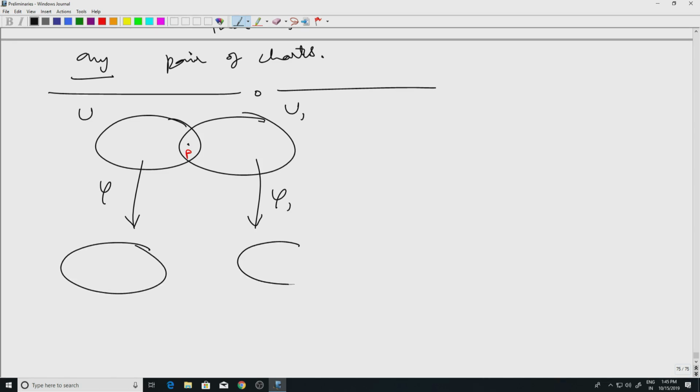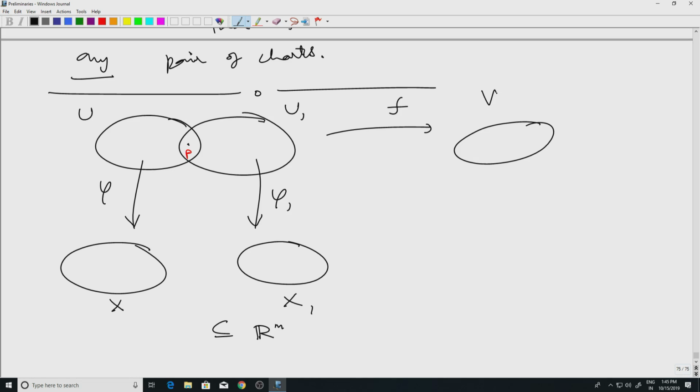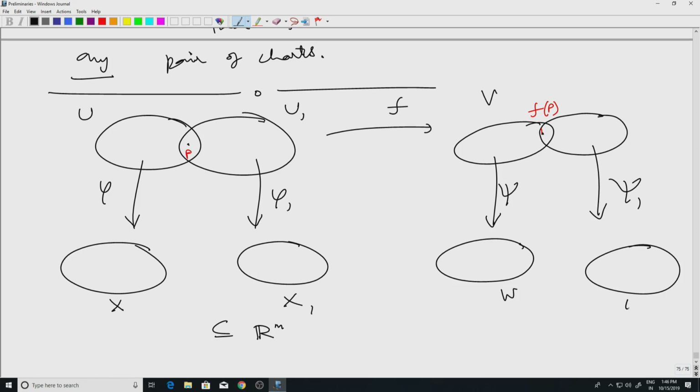And then on the other side, F is my map, and I have V, and here this point is f of P. Then I have maps C, C1, W, W1.